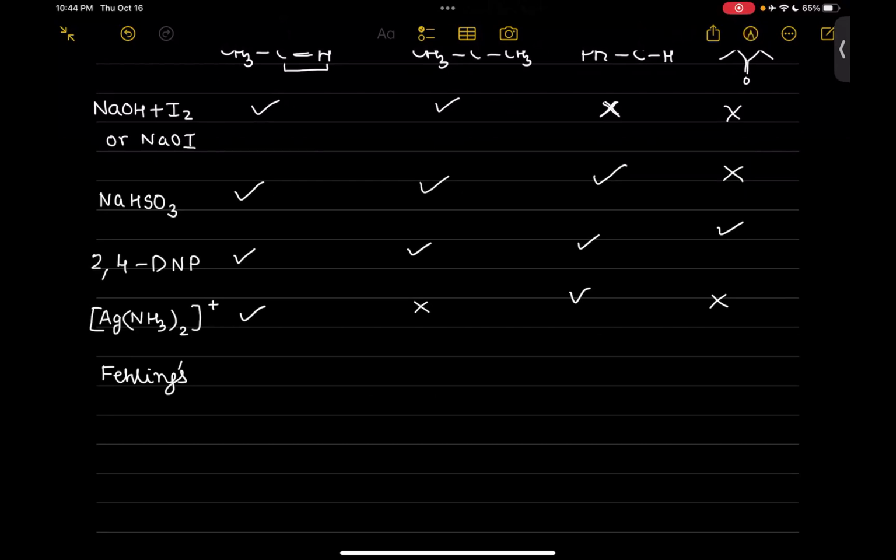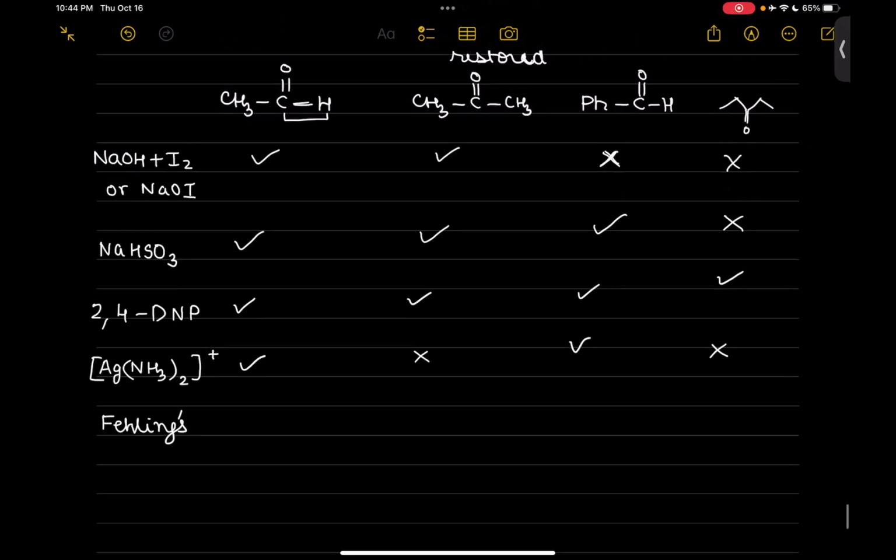Fehling's test. Who will give the brick red precipitate? Aldehyde will give. Ketone will not give. Aromatic aldehyde also will not give. This is an exception which you must remember. Ketone will not give, that was expected.